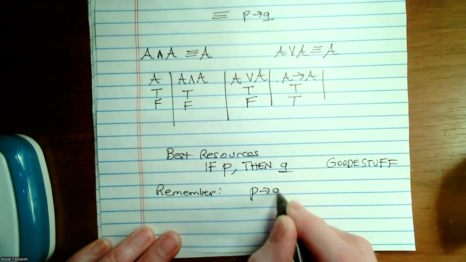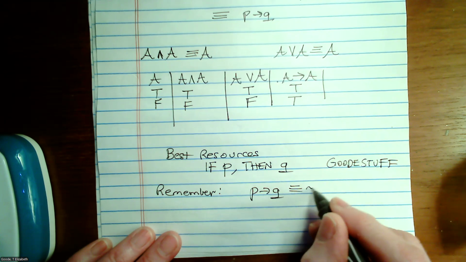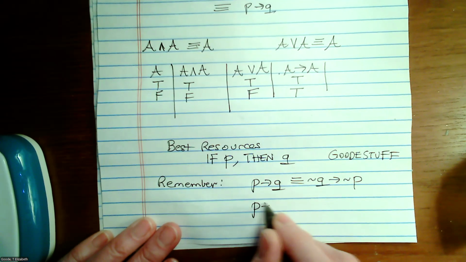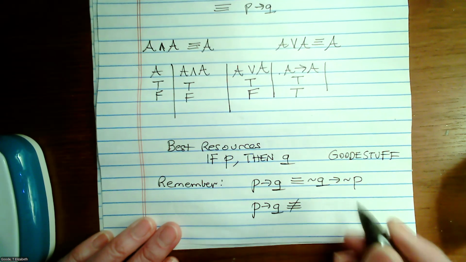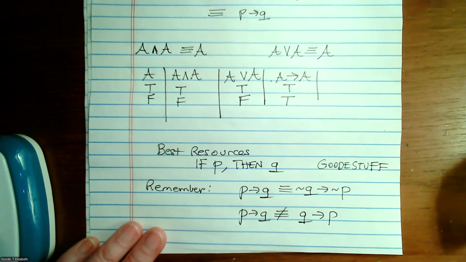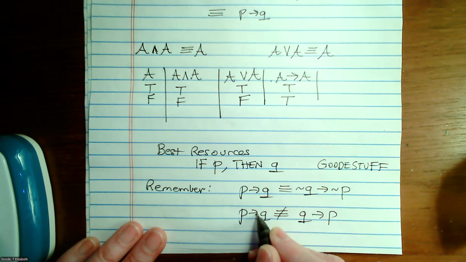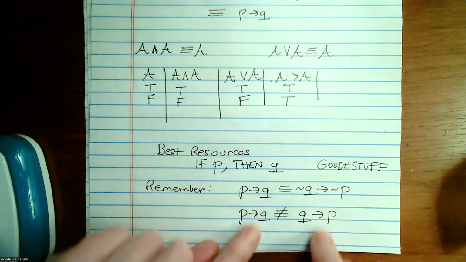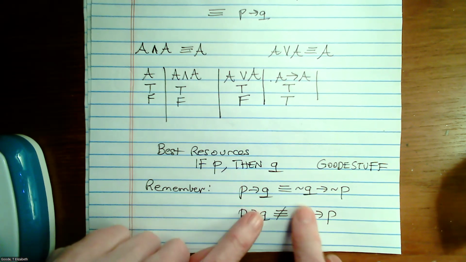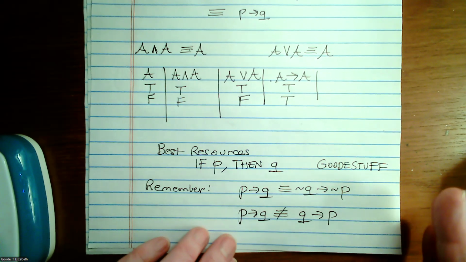P implies Q is logically equivalent to not Q implies not P. And in general, P implies Q is not logically equivalent to its converse. If you just remember a few things, remember this and remember that. But then you have to remember one more thing.